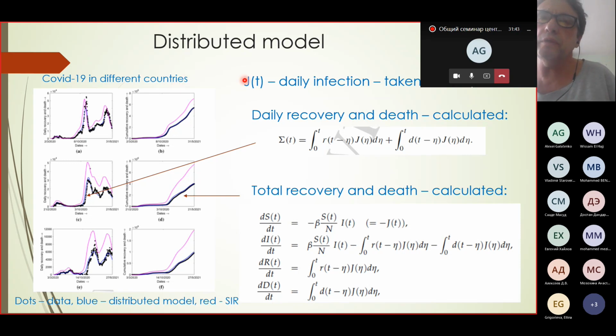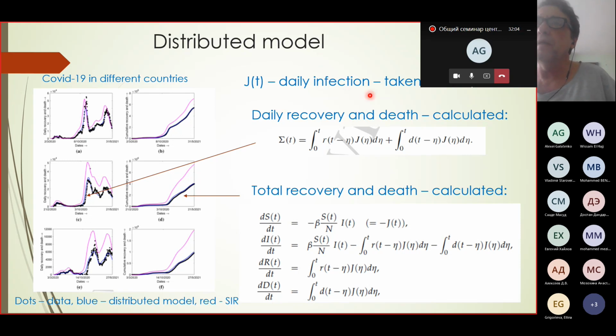What I show here is as before COVID-19, and the graphs on the left are for different countries. All this data is available. So we take some particular country, and from the available data, we take J of t, the number of new daily infections.